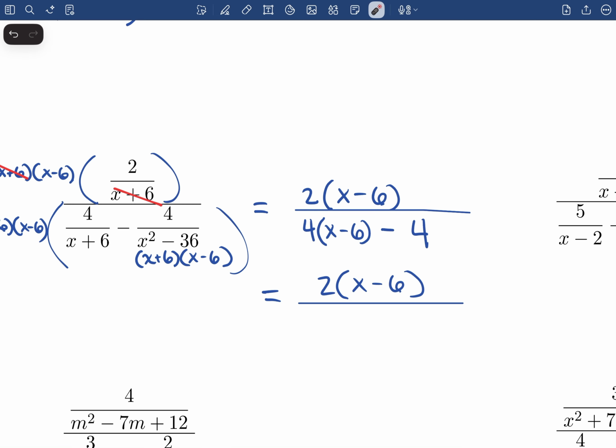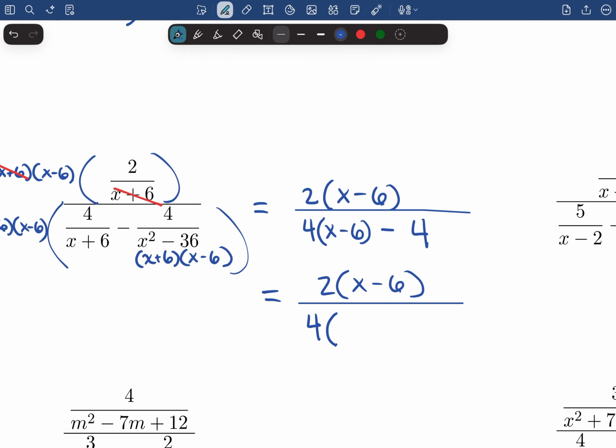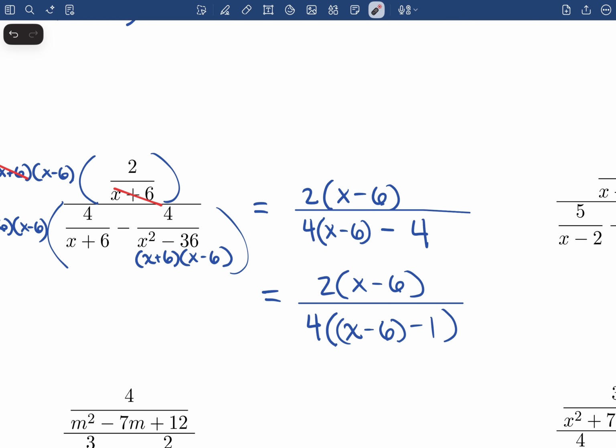Here's the first term and here's the second term. So I can factor a 4 out of both of those terms and I'll get an x minus 6 minus 1. Okay, so what did I just do? I pulled a 4 out of this and this, boom. And I'm left with just the x minus 6, and then pulling a 4 out of 4, there's a 1 left over.